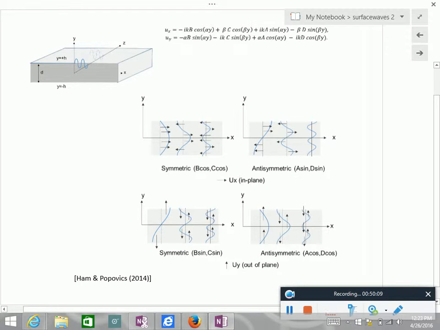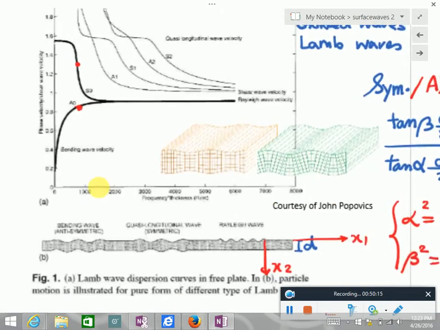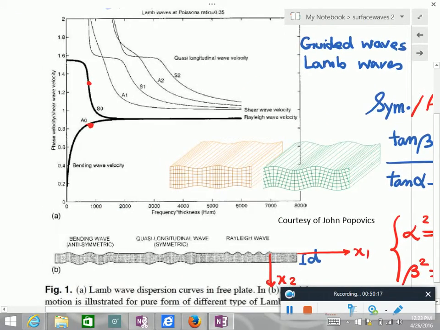On the graph shown, I also noticed there are 3 velocity names: the bending wave velocity, shear wave velocity, and so on. What do they mean, and how do I differentiate them from each other? This is the flexural mode, bending wave velocity, which I wanted to explain later.